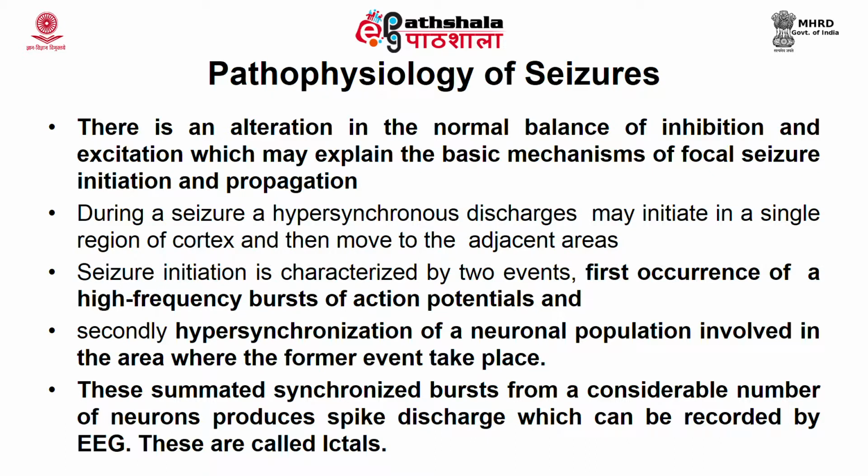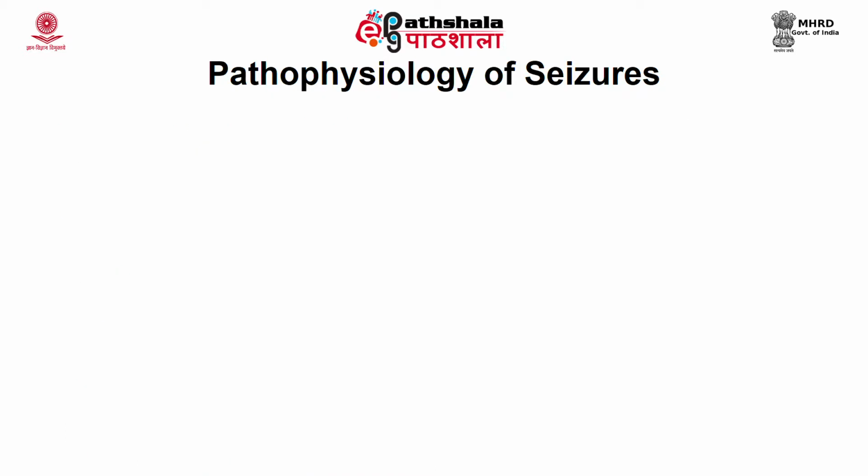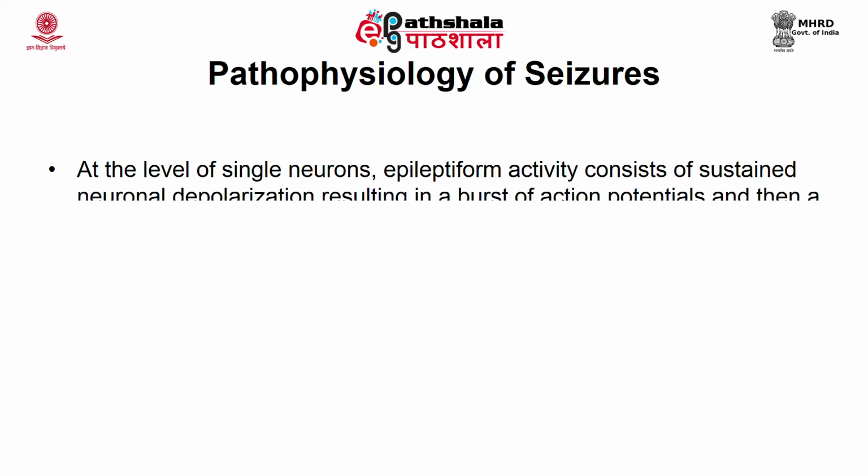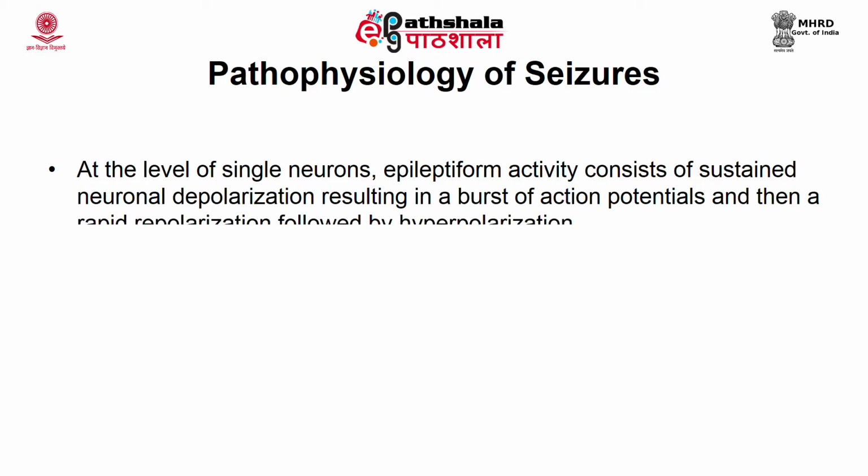These summated synchronized bursts from a considerable number of neurons produce spike discharges which can be recorded by EEG. These are called ictals. Now, at the level of single neurons, epileptiform activity consists of sustained neuronal depolarization resulting in a burst of action potentials and then a rapid repolarization followed by hyperpolarization.